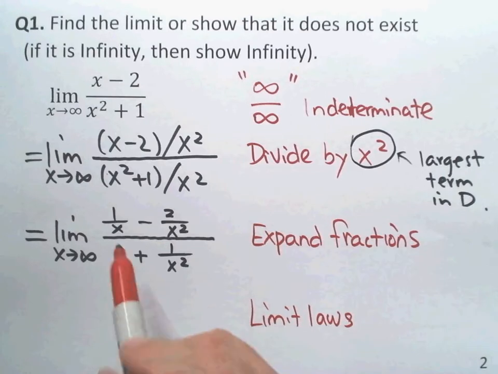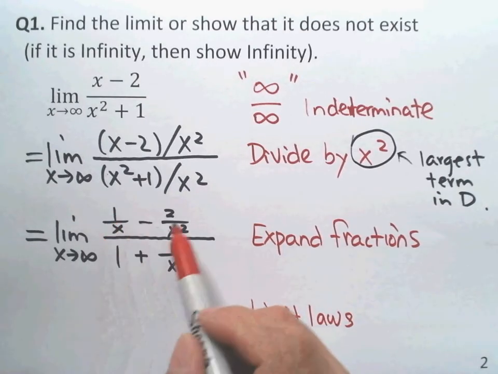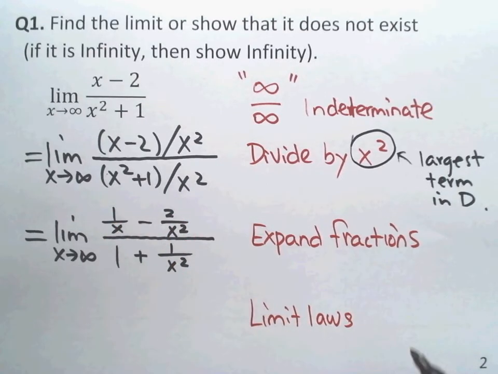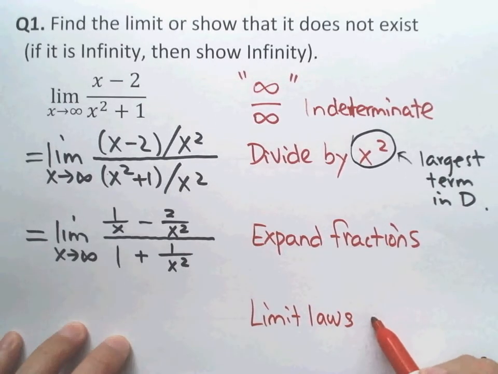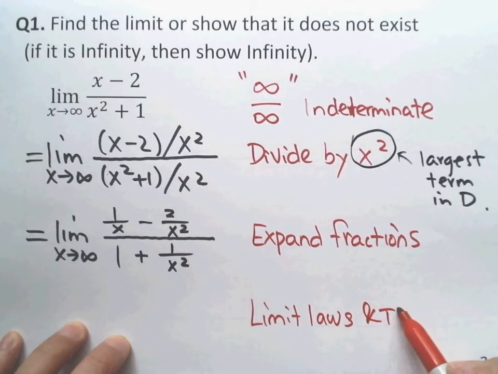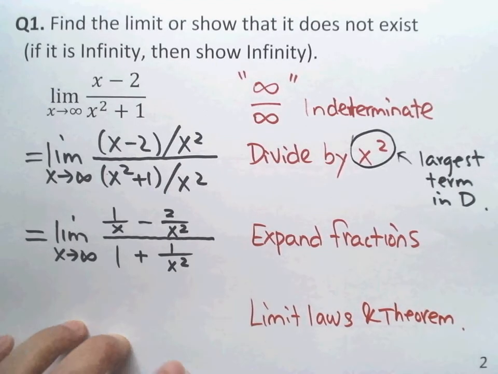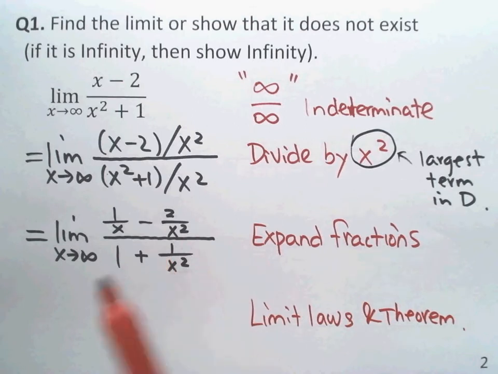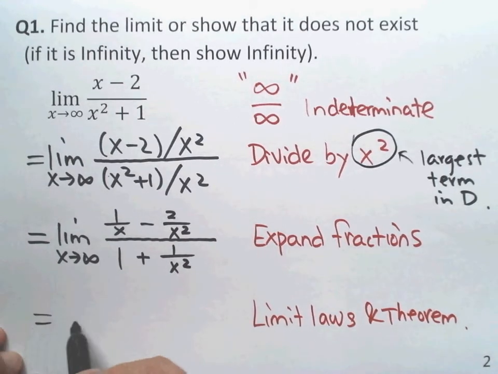After we use this, the limit of the first is 0, this is 0, this is 0, and then you can use the limit law and the theorem we just discussed: 1 over x raised to the rth power. And then what do we have?